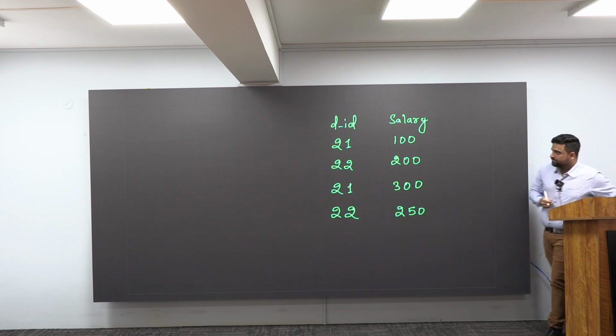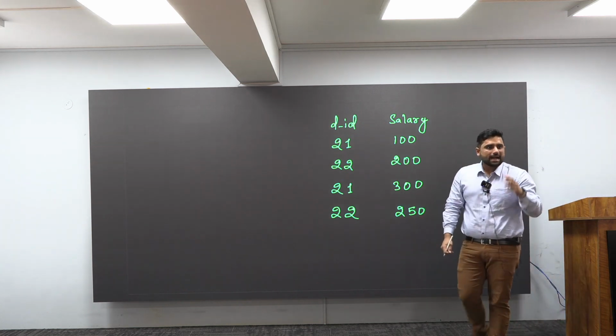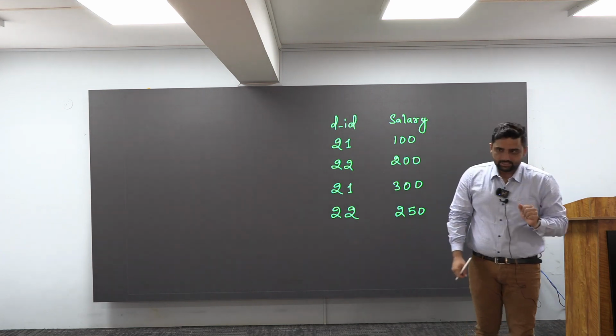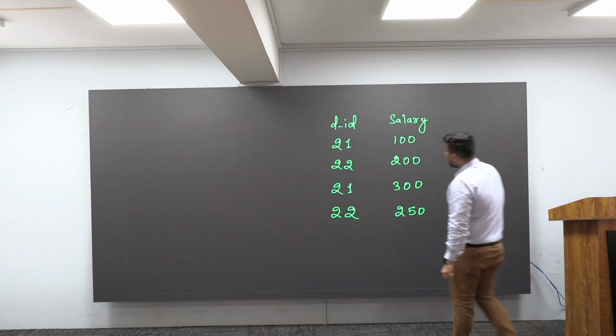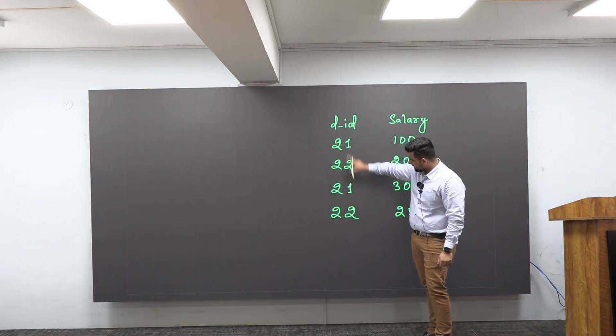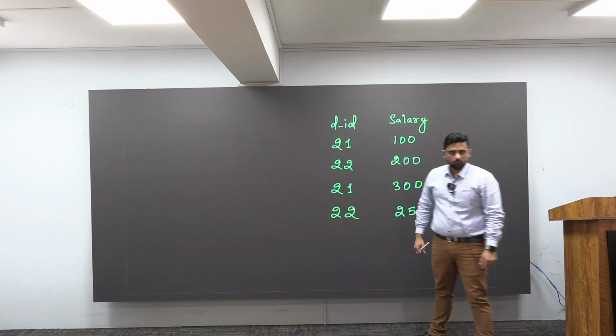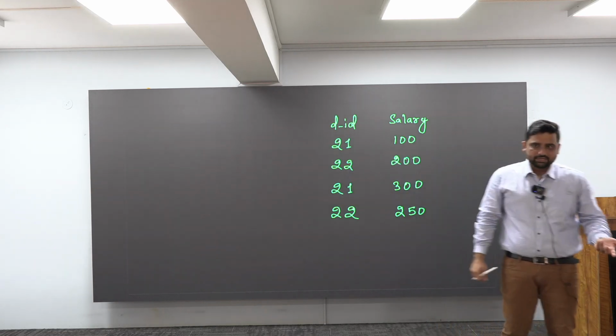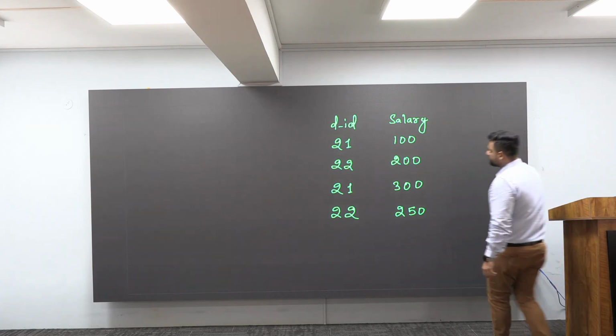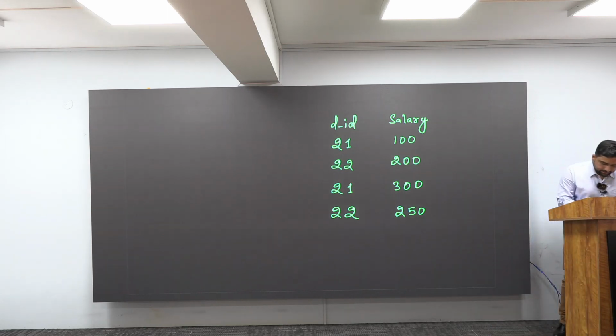Now, what should we do first? We should have the average salary of each department. What can be the average salary of department 21? 200 we can take. So I will take the average salary of department 21, and that is 200.